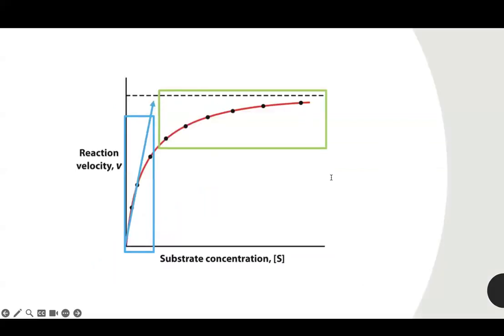However, what's important to note is that there is a nonlinear relationship between substrate concentration and velocity. The more substrate we add, only in the very beginning will the reaction velocity increase very rapidly, because at some point, all enzymes will be occupied with the substrate.